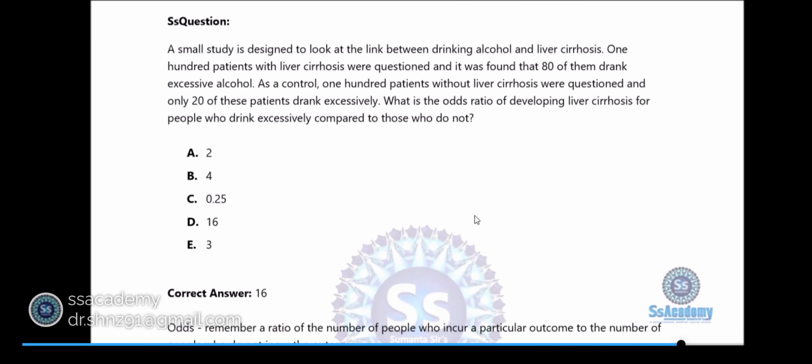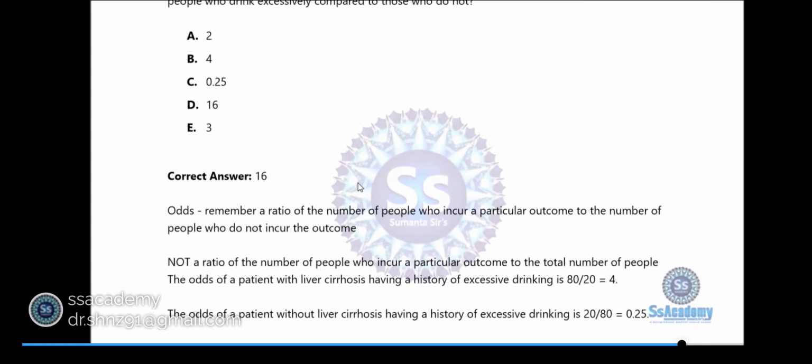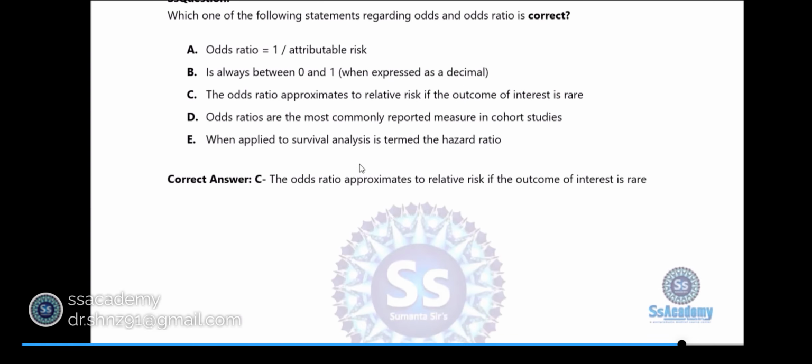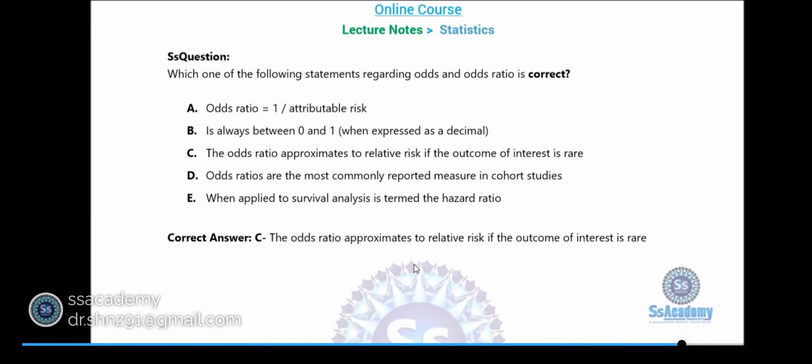And here is the odds ratio calculation. So let's go through it. This is one important point: the odds ratio is a very close approximation to the relative risk if the outcome of interest is rare.